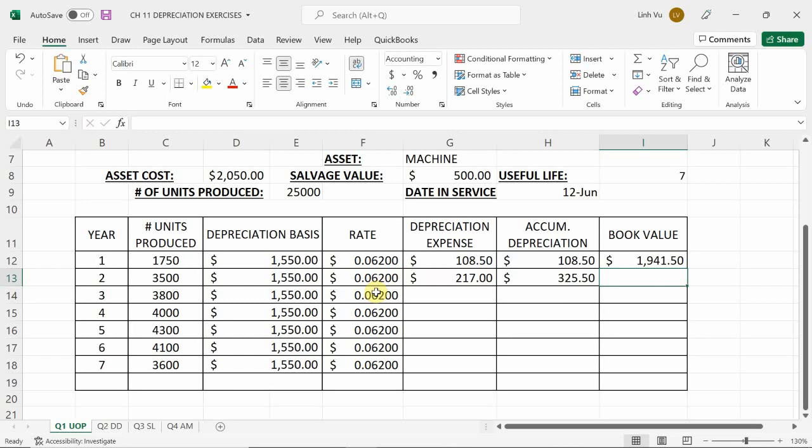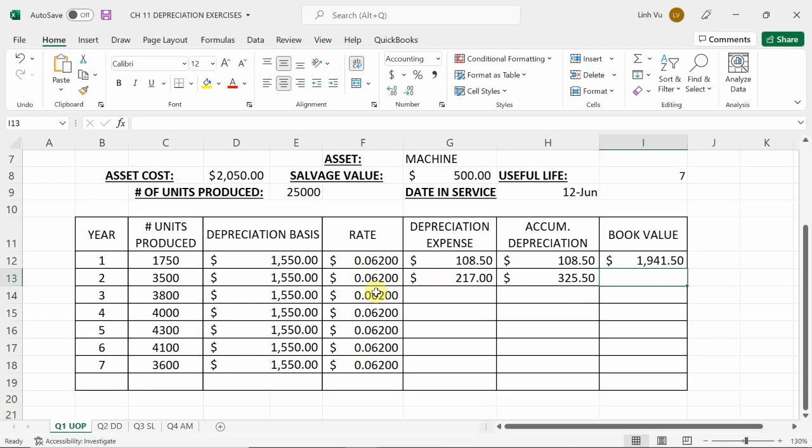So now we need to do the second year, 3800. First, we need to do the book value.